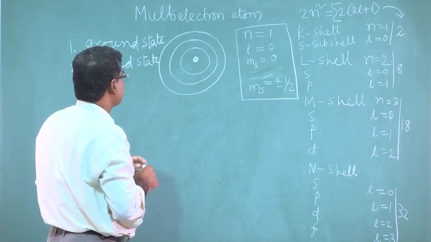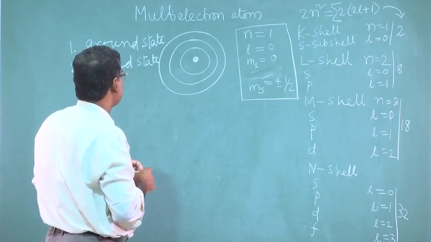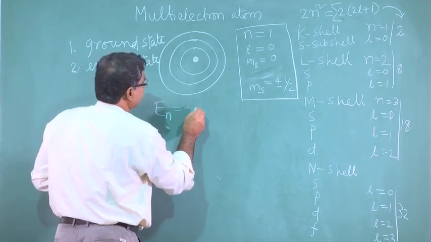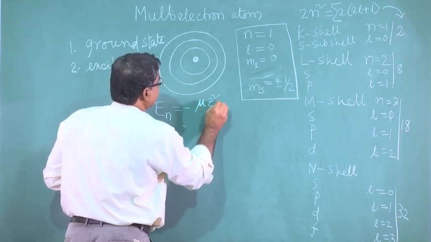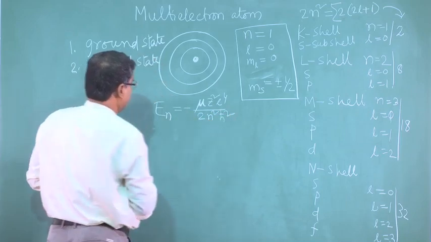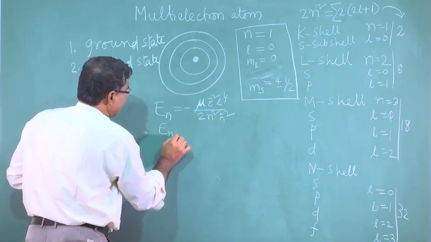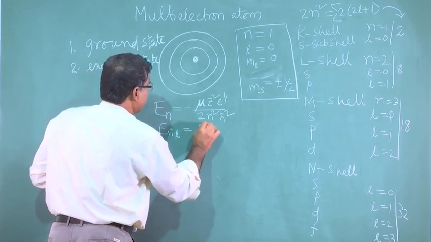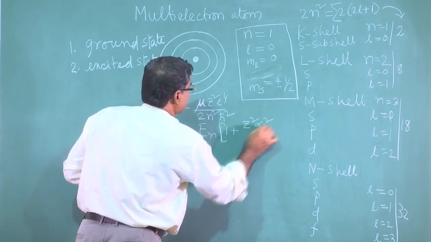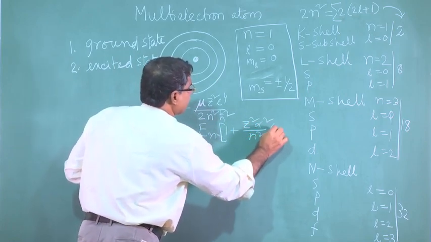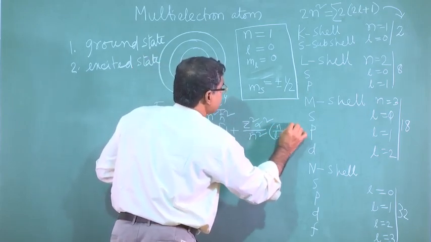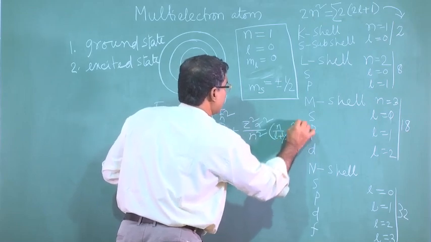And energy wise, the expression is En equals minus mu Z square e to the power 4 by 2 n square h cross square. Enl equals En times 1 plus Z square alpha square by n square, times n by L plus half minus 3 by 4.